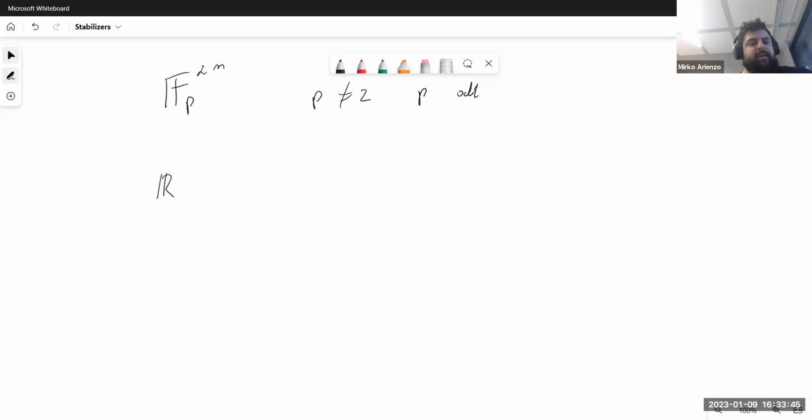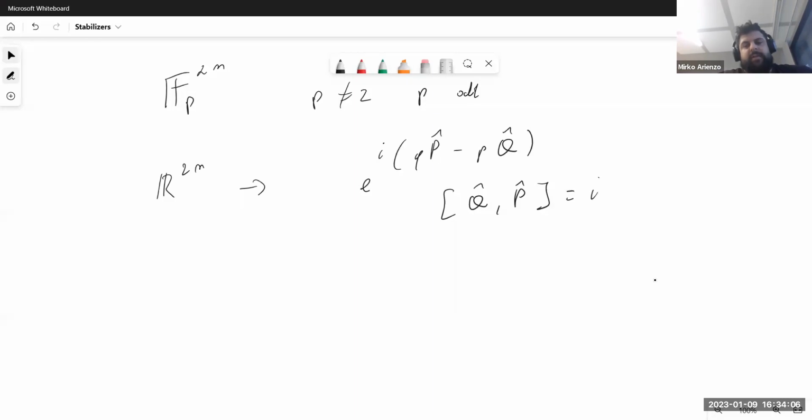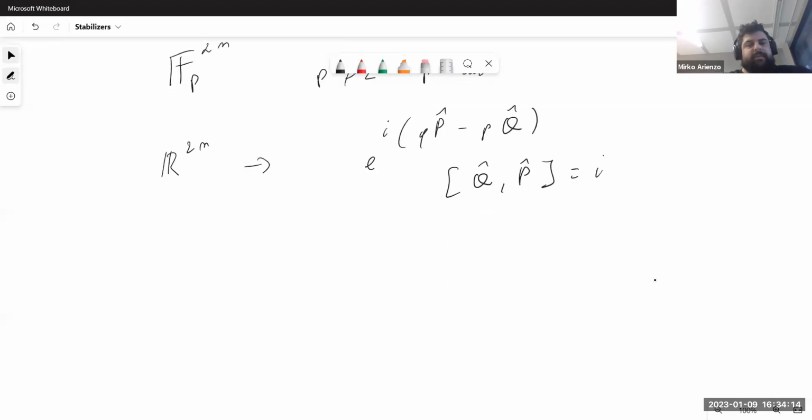Namely, when we work on the continuous phase space, we can define the displacement operators that, just for simplicity, I write in this form, where these Q and P are just canonical position and momentum operators. And yeah, we want to do the same in the discrete setting.